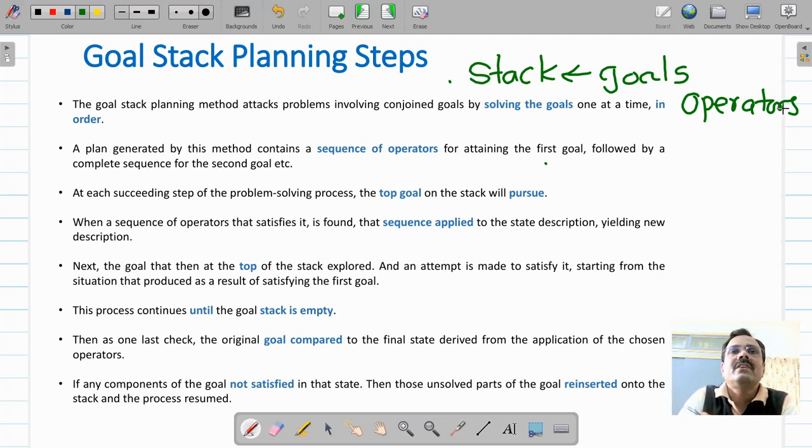So to satisfy these goals, you need to perform certain operations. So that operation which you are going to use to satisfy the initial goal, that will be put on the stack again. Then it will be on the top of the stack. Then the goal which is on the top of the stack, that will be pursued.